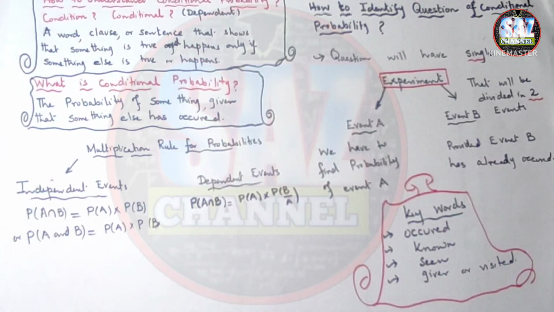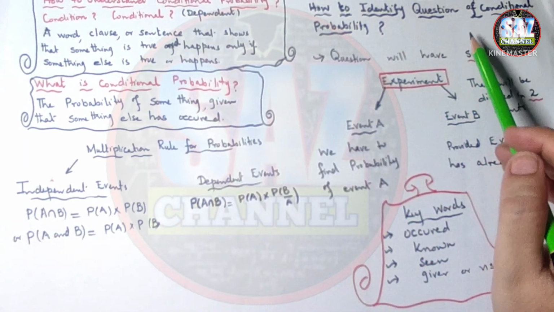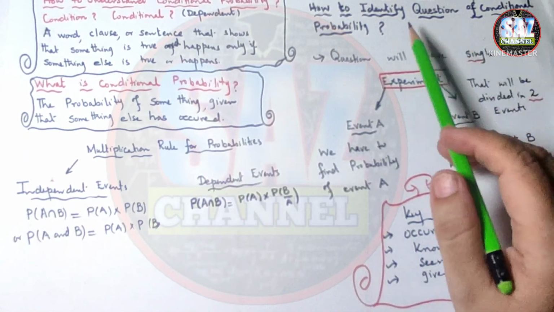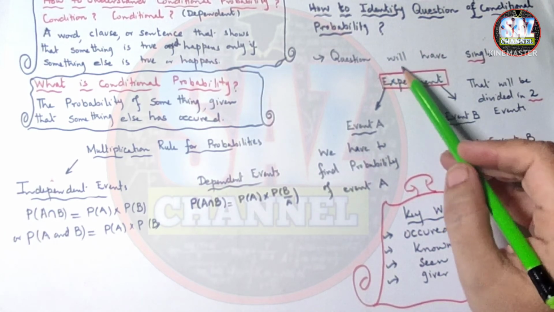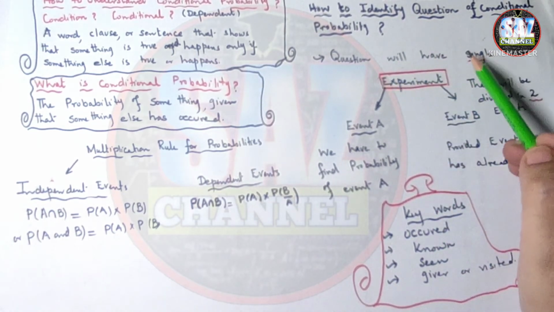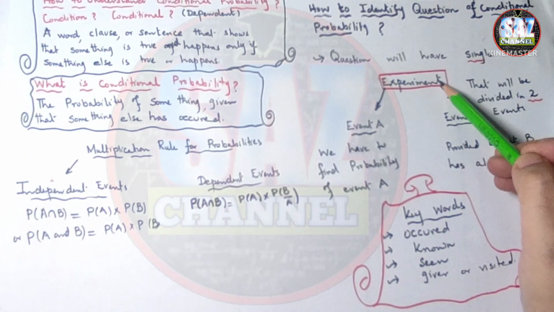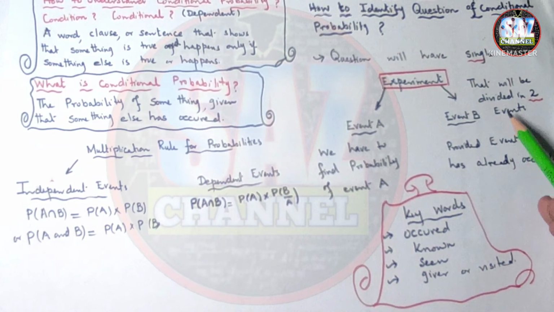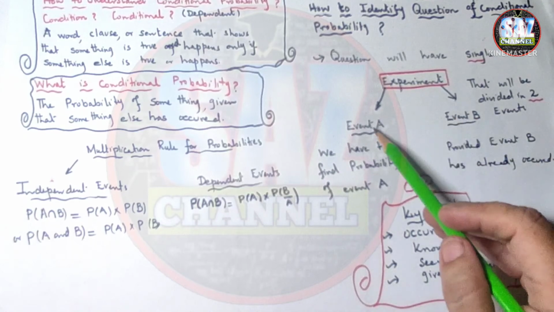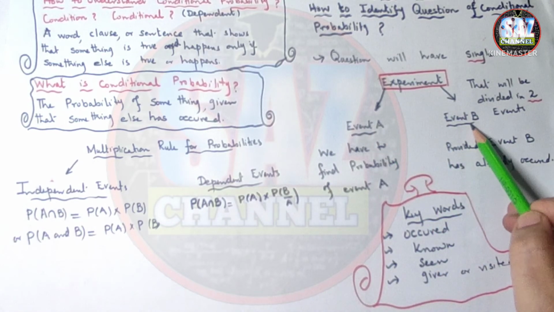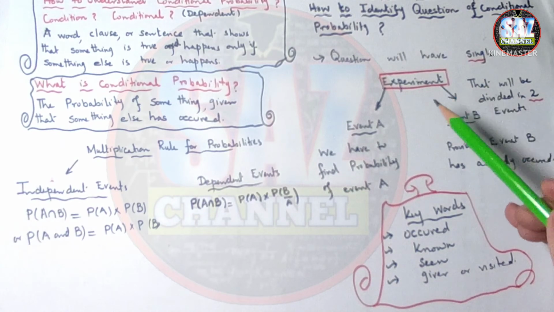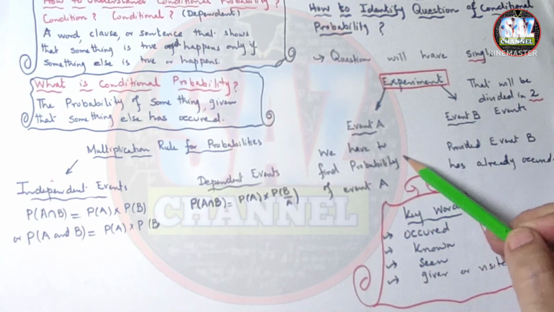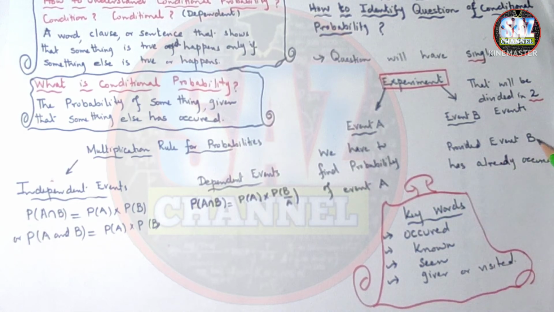Now coming to the question of how to identify the question of conditional probability. In case of the questions of conditional probability, we will have a single experiment, and that single experiment will be divided into events, event A and event B, and the language written in the question will be that we have to find the probability of event A provided event B has already occurred.